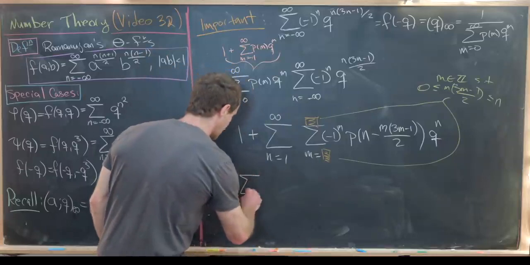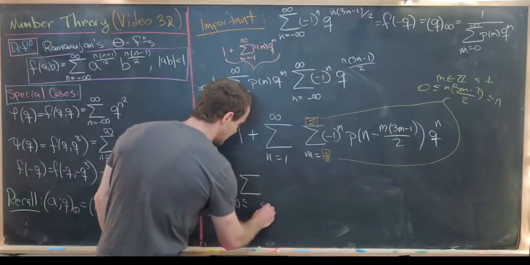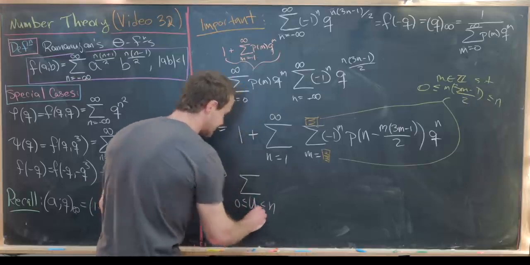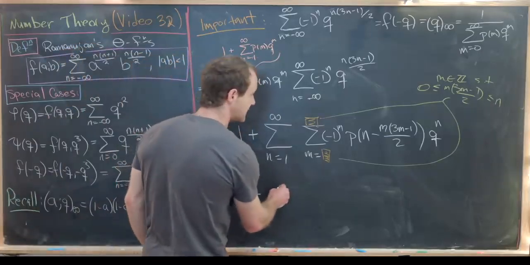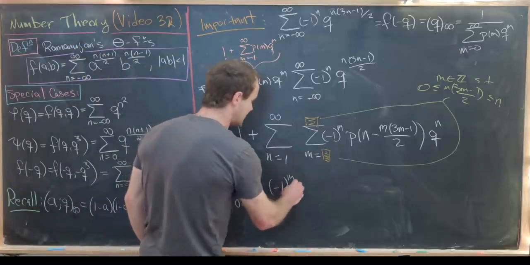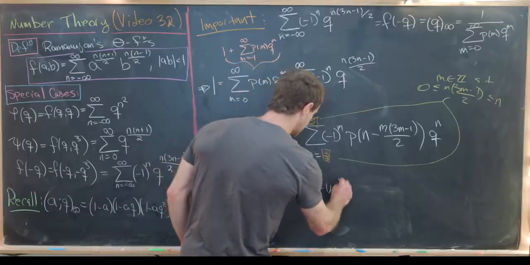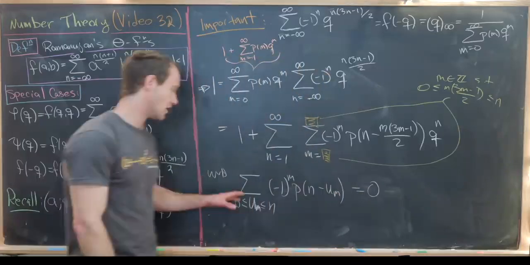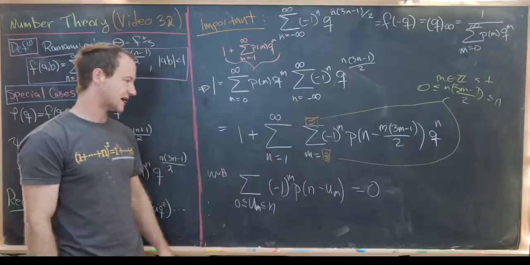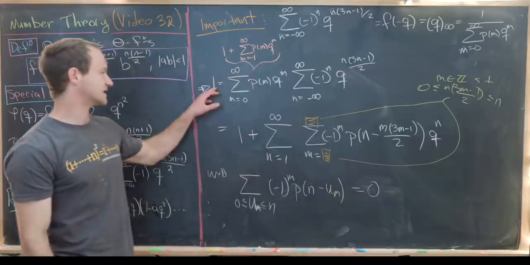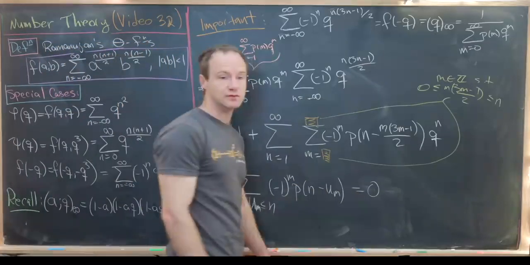We'll have this sum from 0 to n over u sub m, which I'll define in just a second, of minus 1 to the m, p of n minus u m, equals 0. We get this bit from extracting from the right-hand side, and this bit from the left-hand side.